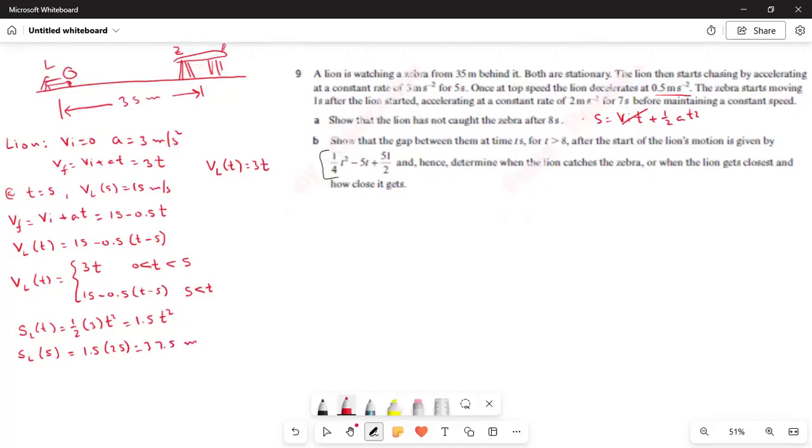After 5 seconds, the distance S is equal to Vi t plus half a t squared.